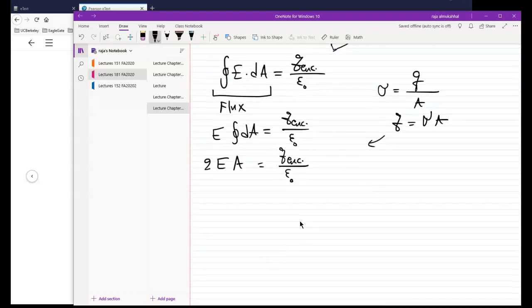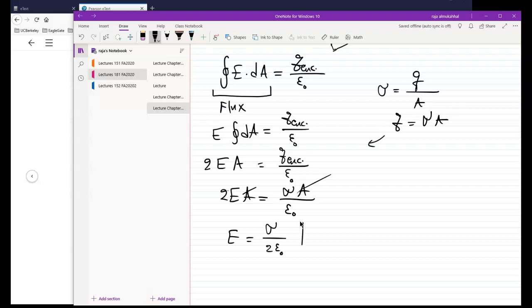So I have 2EA equals sigma A over epsilon naught. The A's cancel out, as you can see, and I have E equals sigma over 2 epsilon naught.